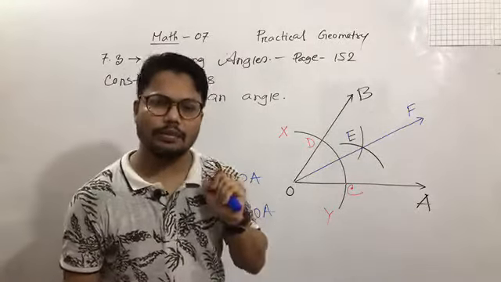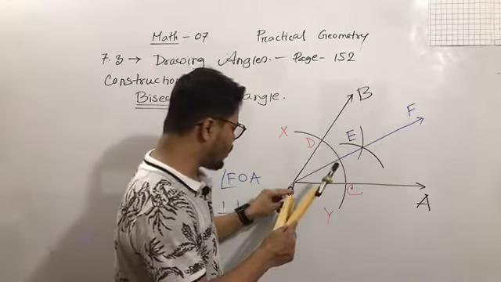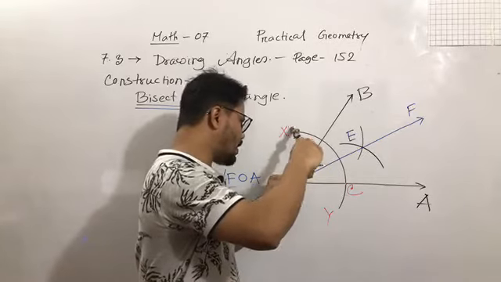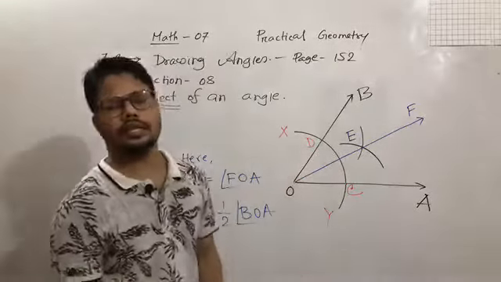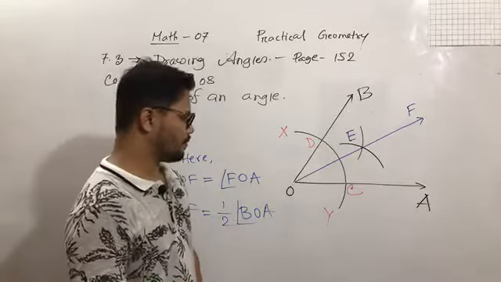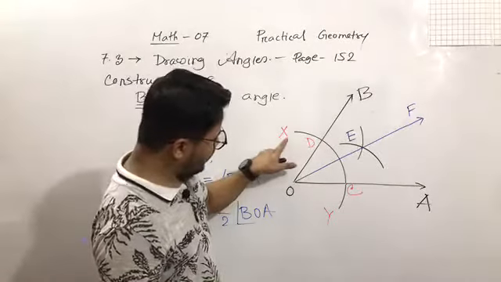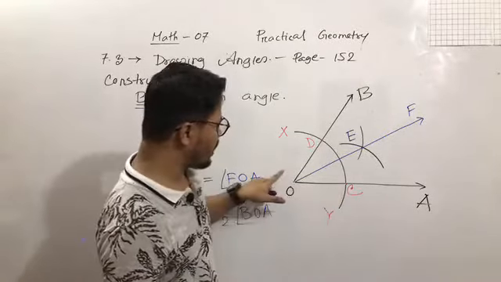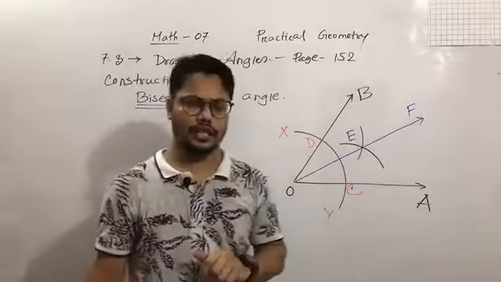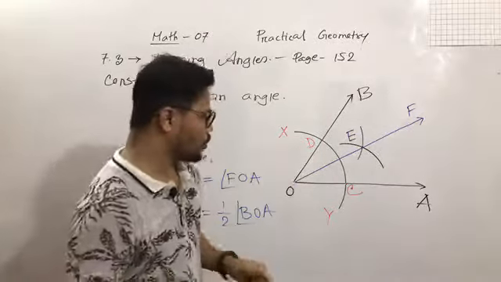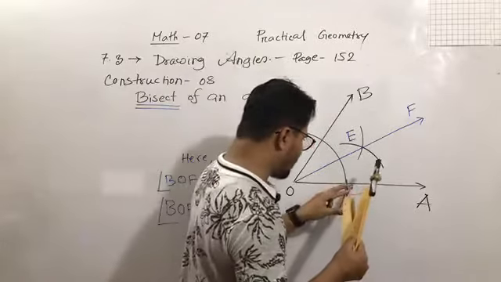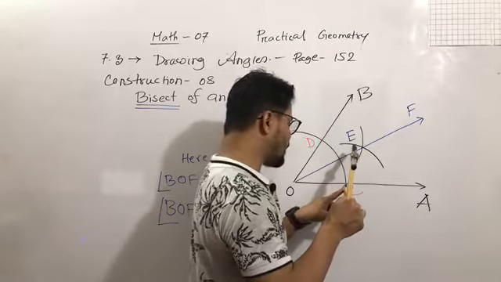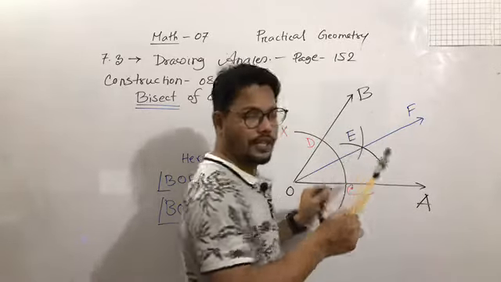I am repeating step 1 again. Placing the pointer at O, taking any suitable radius, draw an arc XY in the angle AOB. The arc XY intersects OA at the point C and OB at the point D. Now step 2. Placing the pointer at C, taking radius greater than half of CD.